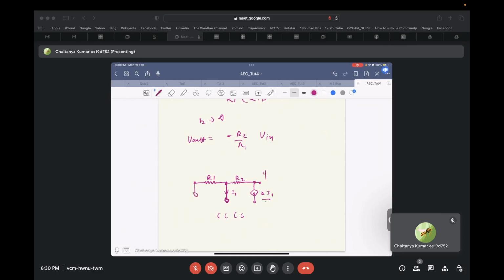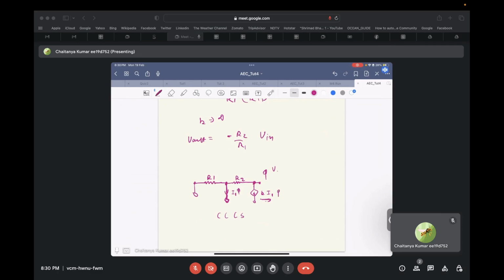Let's say this voltage V tries to go up due to some disturbance. If V tries to go up, the current I1 that is flowing inside this terminal also tries to go up. And if this current tries to go up, the controlled current K times I1, that is pulling current out of this node, tries to go up.